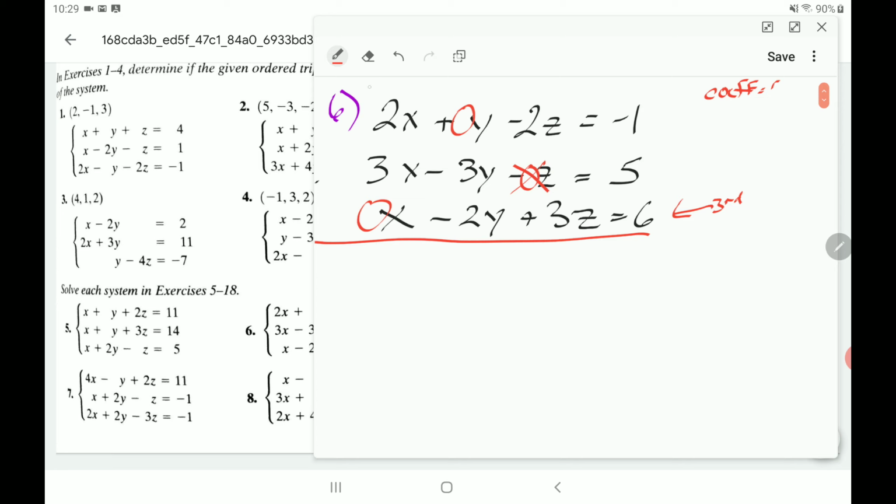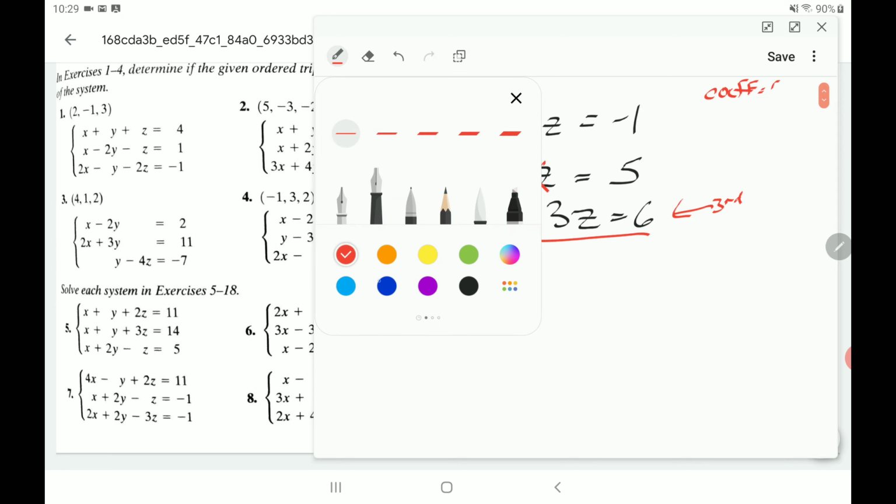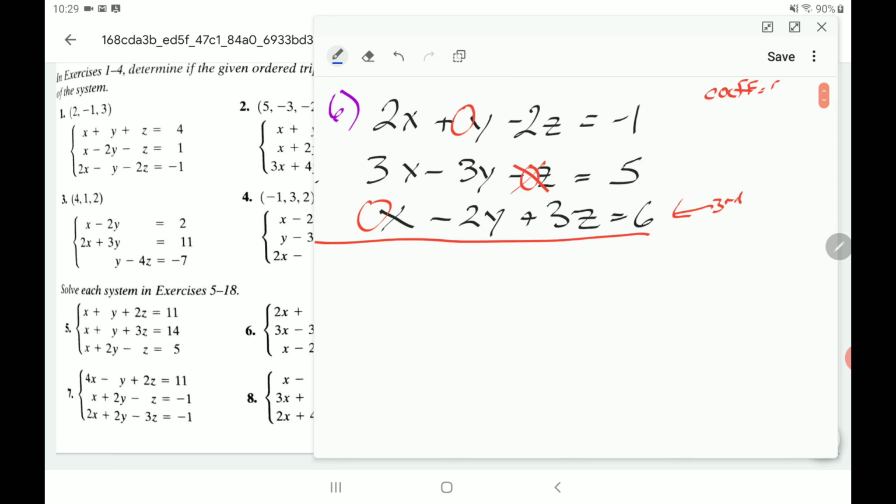So to do that, I'm going to do this first one in blue. All right, so 2x plus 1y minus 2z equals -1. Now, since I want to get rid of that 2x, I'm going to multiply this whole thing by -2. Okay, so let's erase that. I don't need that anymore.